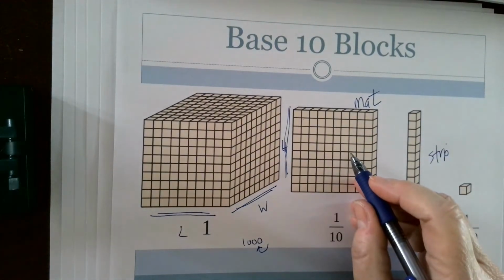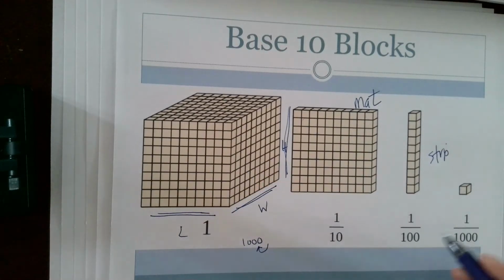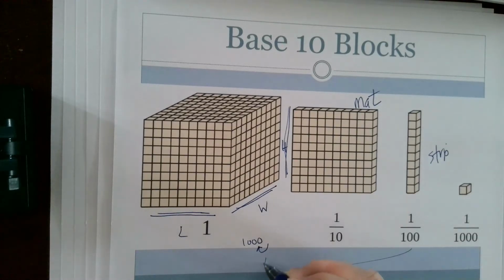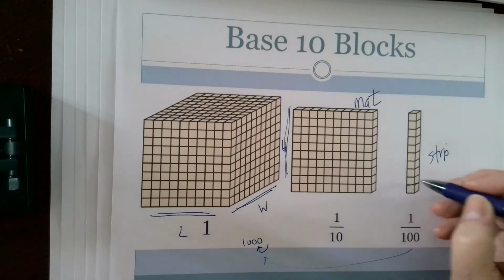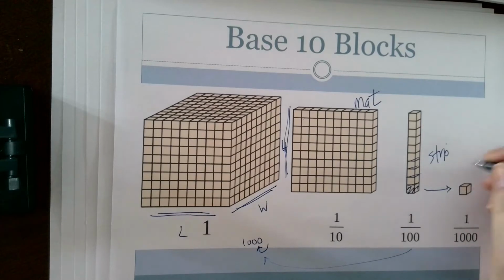And if we divided our mat into 10 equal strips, one strip would be a tenth of the mat, but that's a tenth of the cube, so it's a tenth of a tenth, that's 1/100th of the original cube. And you could even divide this strip into 10 pieces, and just one of them would be a unit.